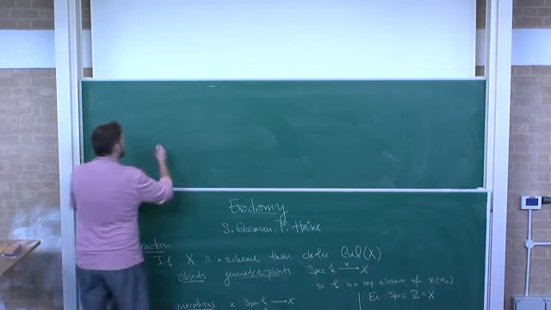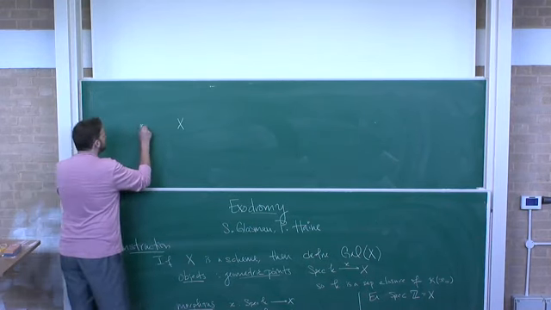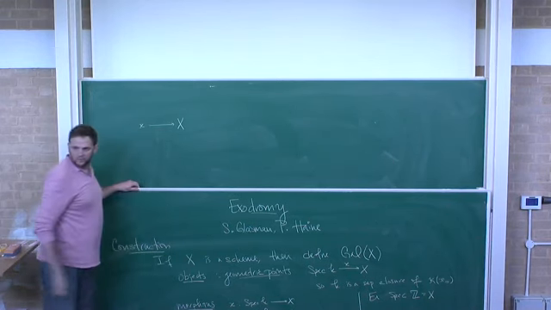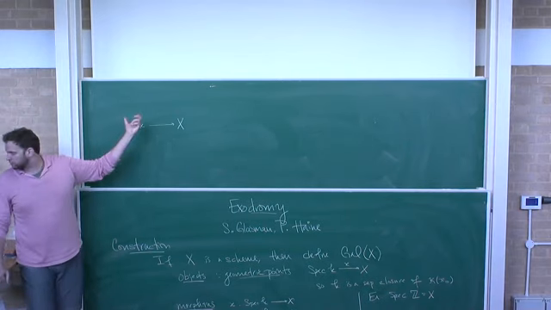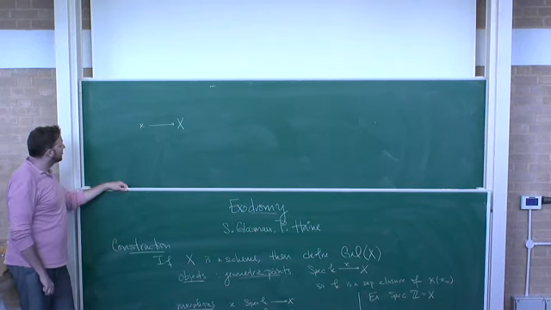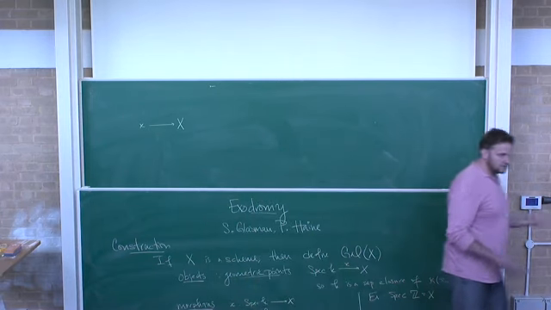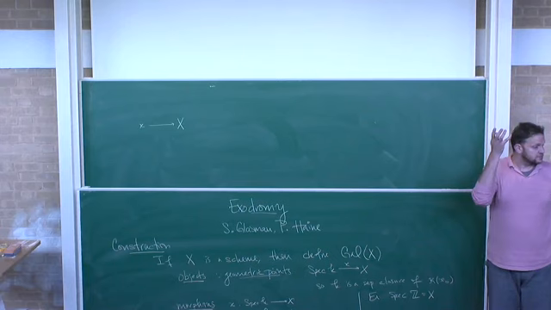So here's what it'll be. I'll take X, and I've got my point, little x, going into there. By the way, I'll write little x both for the map and for just Spec K itself, because I'm being vague like that. What can I do? I can look at the local ring of X at x, and then I can pass to its strict Henselianization.